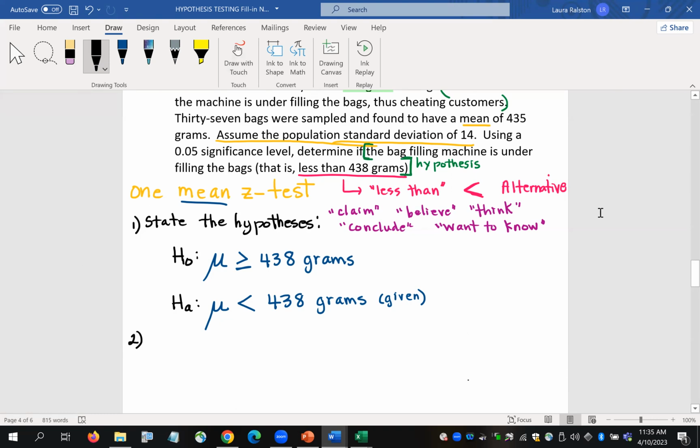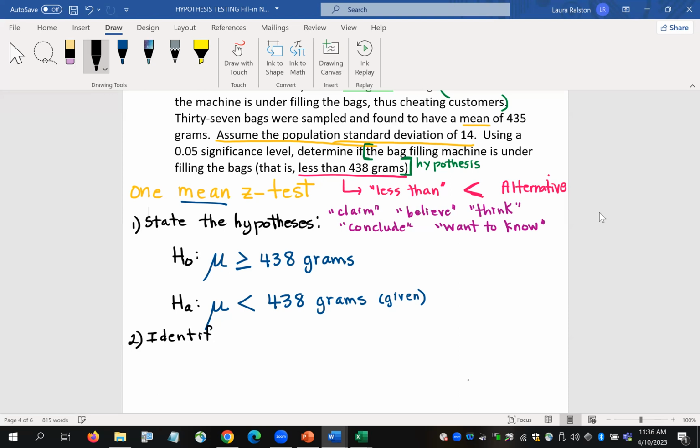Okay, so can you follow the logic and the words that I've highlighted to get to those hypotheses? I'm assuming you're good.